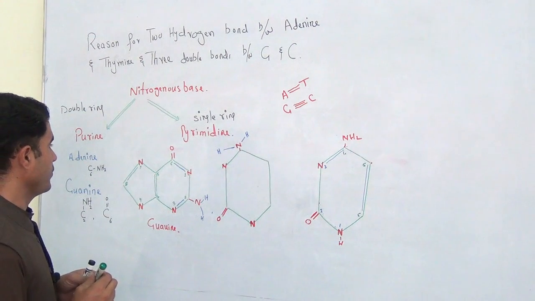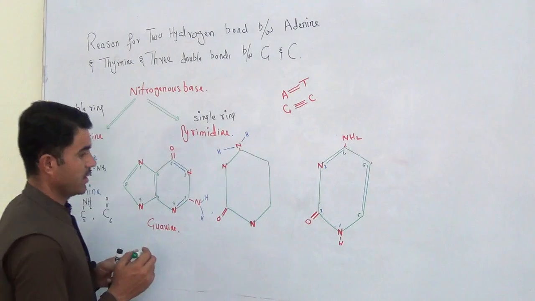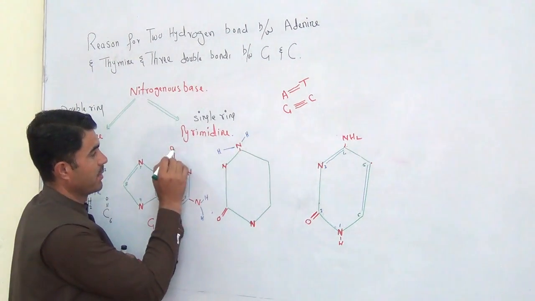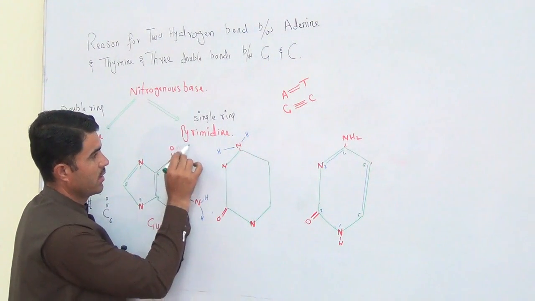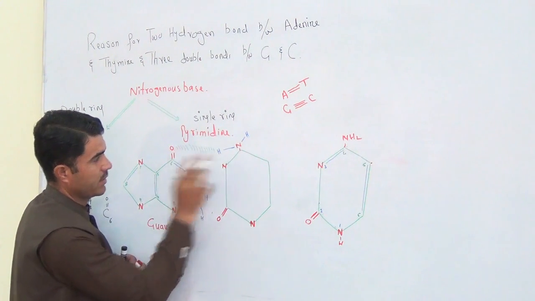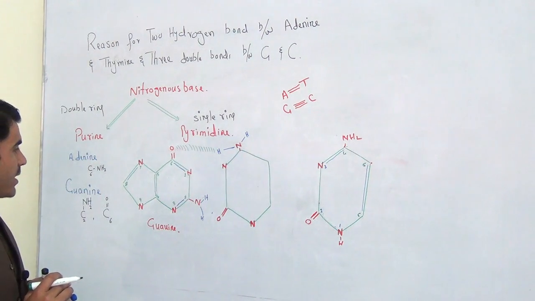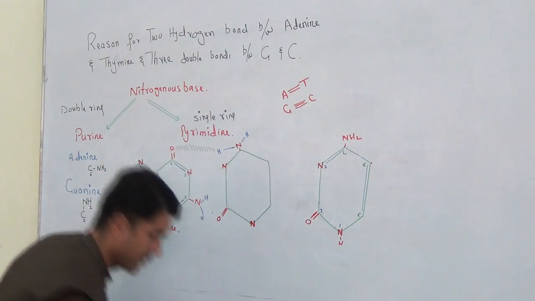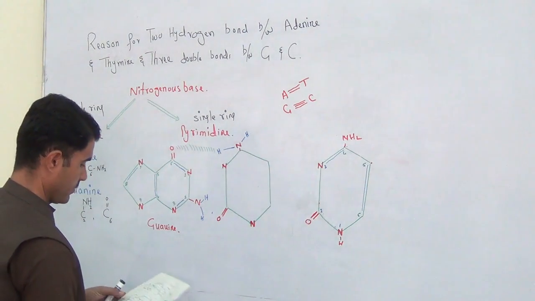So if we see here, you can find that this one is the first hydrogen bond that can be made between these two, oxygen and hydrogen. This is the first hydrogen bond. The second hydrogen bond will be here.